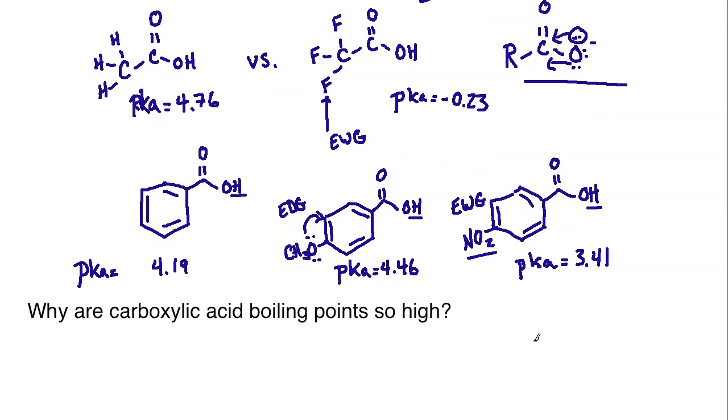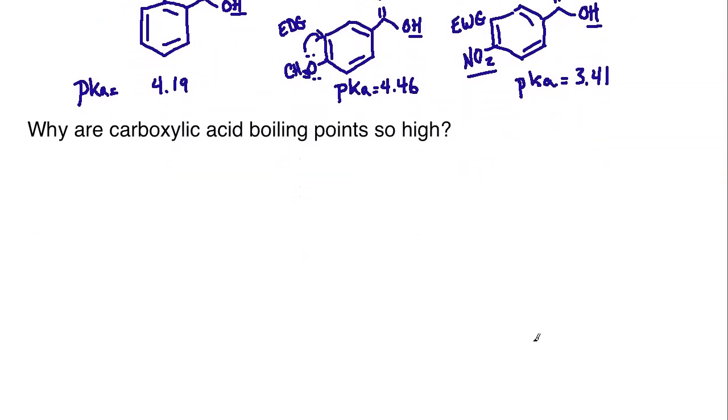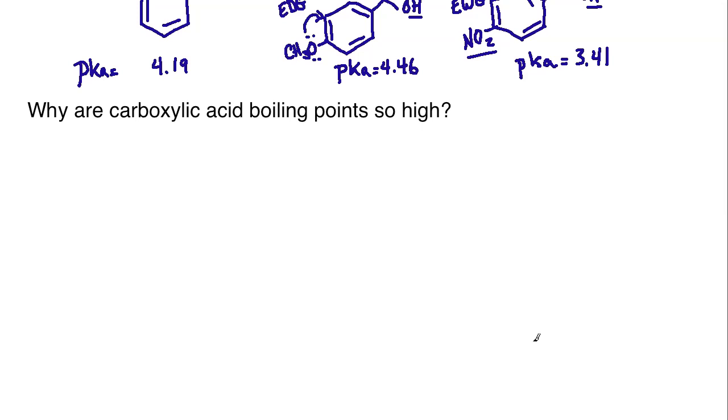Okay, so the last thing that I want to take a look at here in this lecture before we wrap up is why are carboxylic acid boiling points so high? And a lot of it has to do with their geometry and the strong intermolecular forces that are at play here. Okay, so in particular, because of the OH group, we're going to have hydrogen bonding occurring here, similar to what you would find in water, alcohols, other organic solvents that contain OH or NH groups.